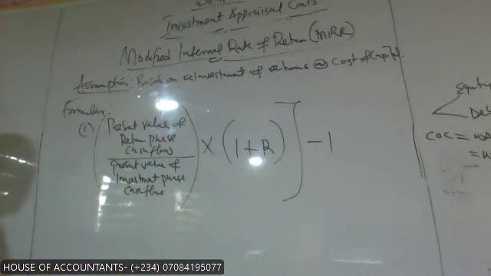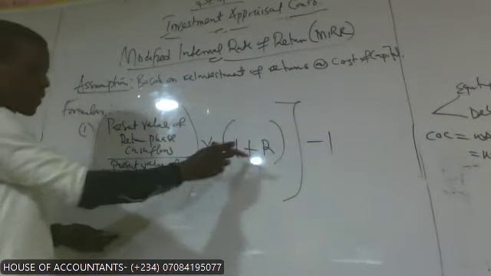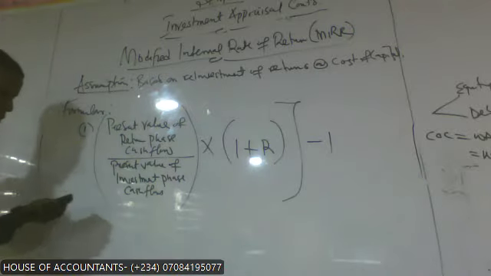Present value of investment phase cash flow multiplied by 1 plus R, all minus 1.